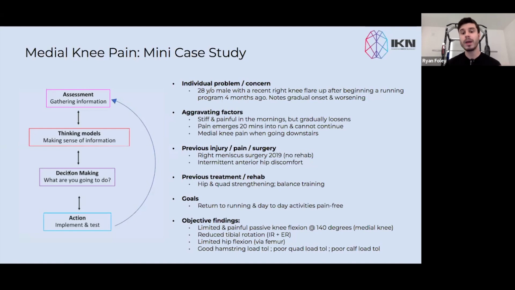Okay. So aggravating factors. The individual is stiff and painful around the knee in the mornings, but it gradually loosens. So we may be dealing with some protective muscle guarding around the knee. Now, is that protective muscle guarding secondary to the knee doing all the work?